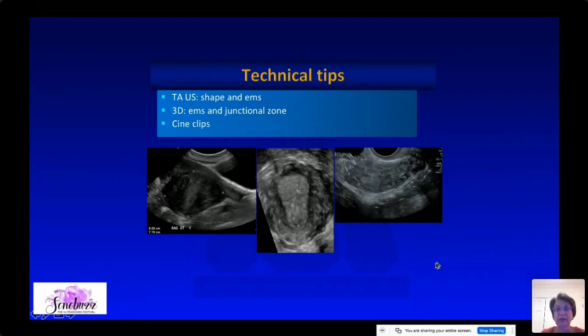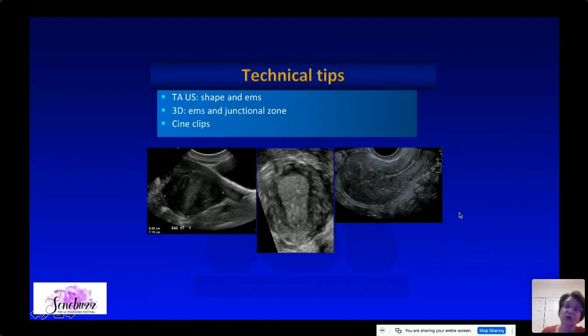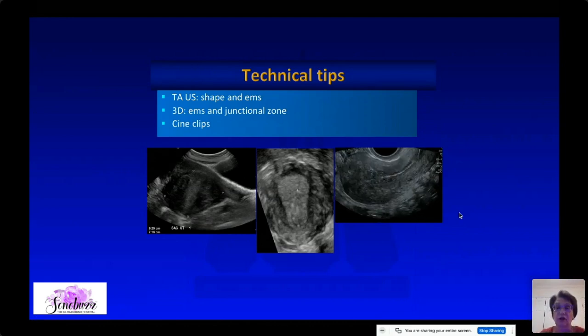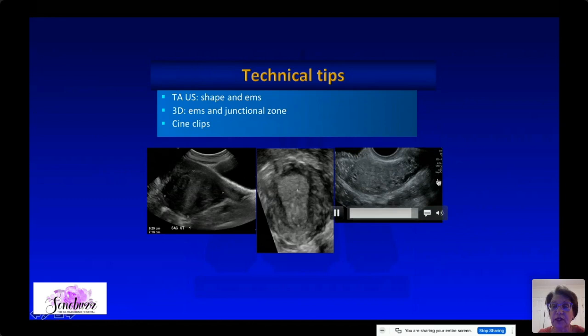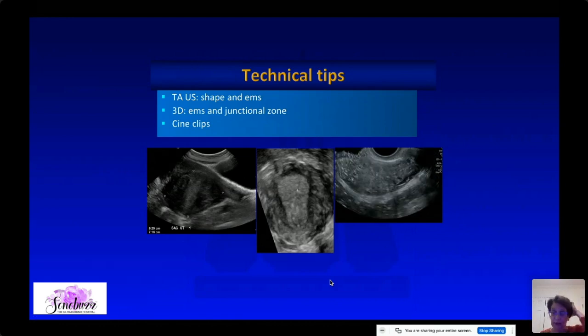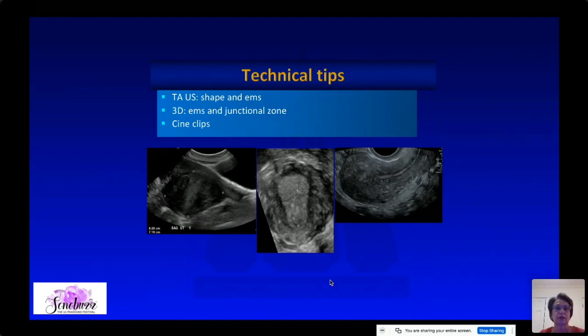And finally, in the US, we don't do ultrasound ourselves. Oftentimes we depend on a sonographer. So I think having a cineclip is really important to appreciate the echotexture of the myometrium that you may not be able to detect so well on still images.